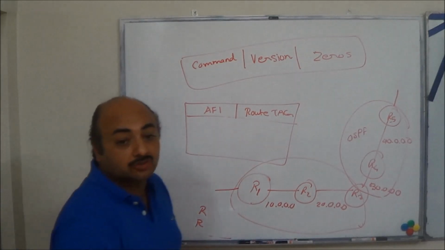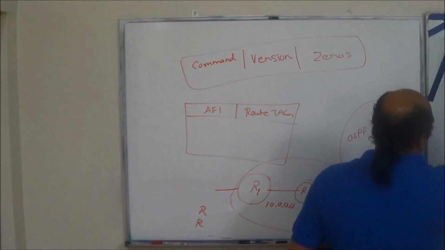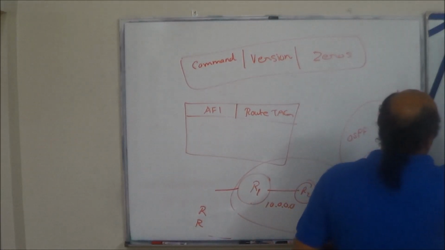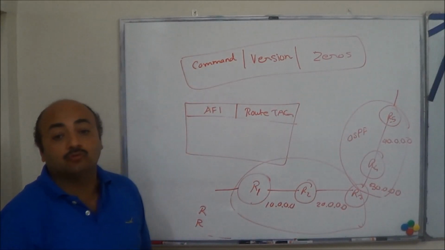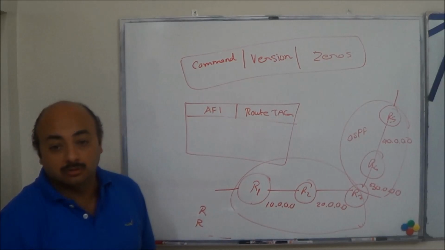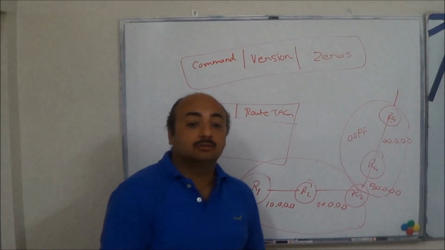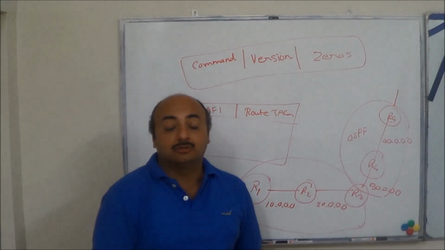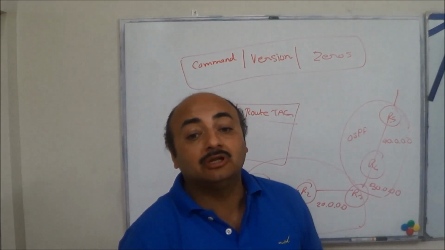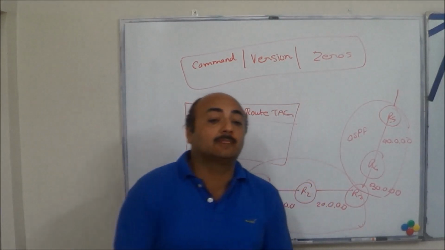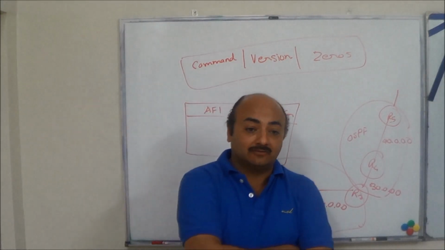Another thing that you guys are missing is authentication. In RIP version 2, there is support for authentication. That means 20 of its bytes are used for authentication. That means one network advertisement is reduced. How many networks could the RIP update do in version 1? 25.